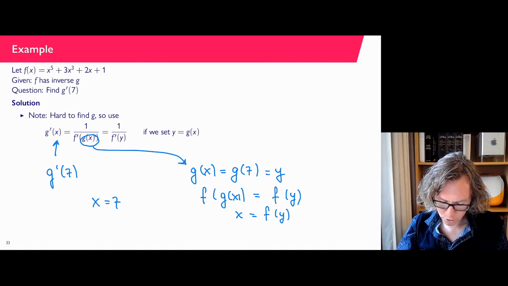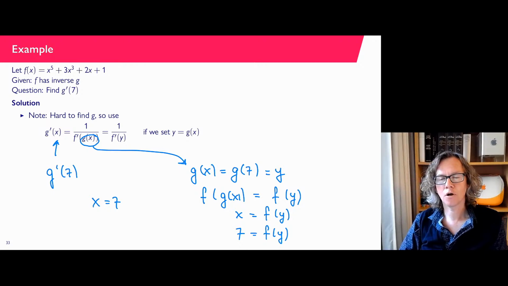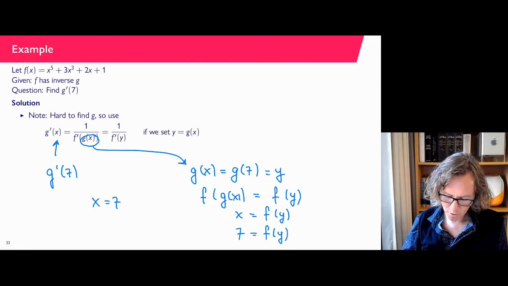And I was interested in x equals 7. So what I need to try and find is a number y such that if I apply f to it, if I compute f of y, it gives me 7.